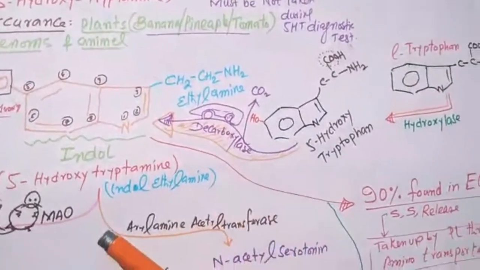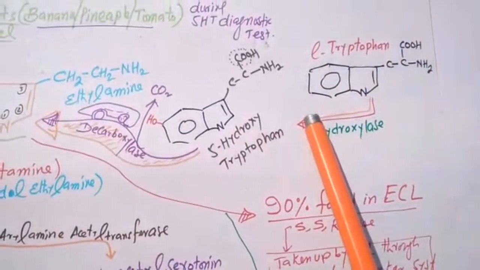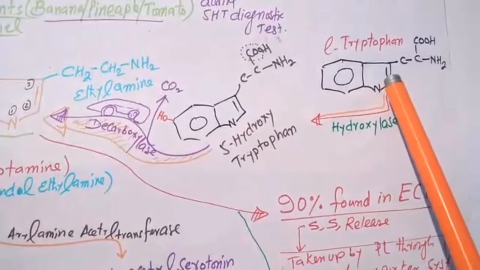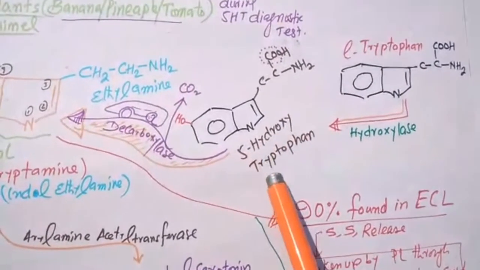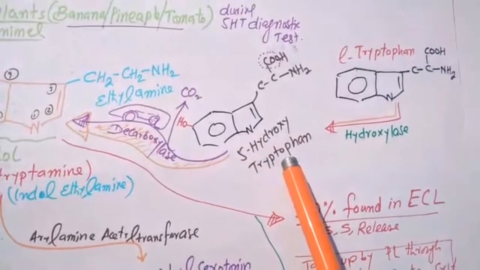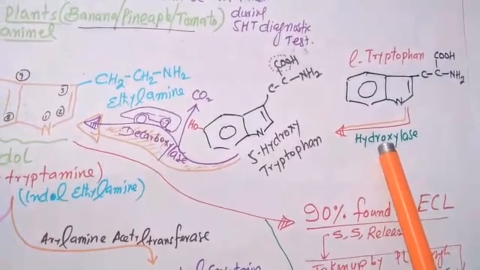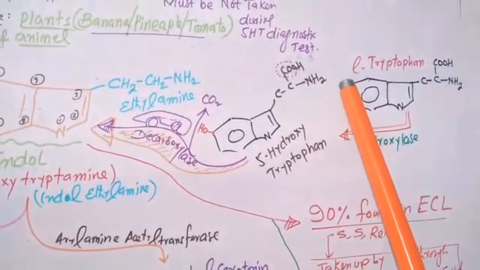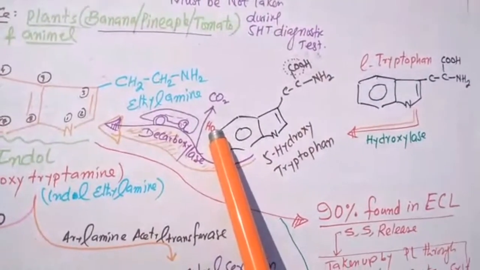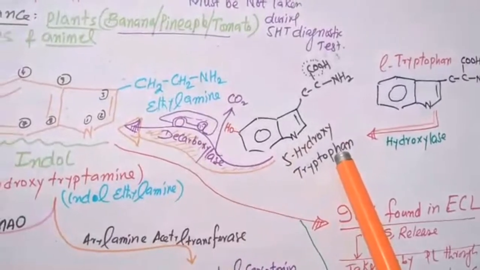This is the structure of the amino acid L-tryptophan. L-tryptophan is converted into 5-hydroxytryptophan with the help of the hydroxylase enzyme. This enzyme introduces one hydroxyl group at position number 5. Look here. Now this is known as 5-hydroxytryptophan.